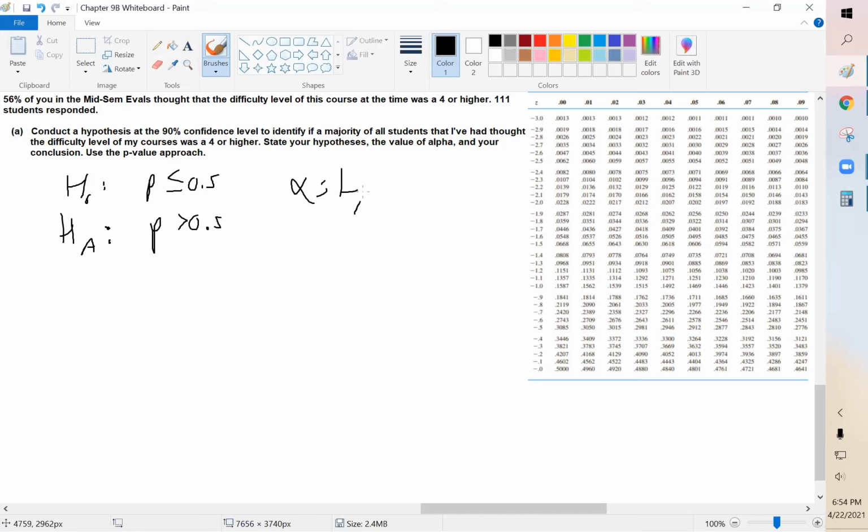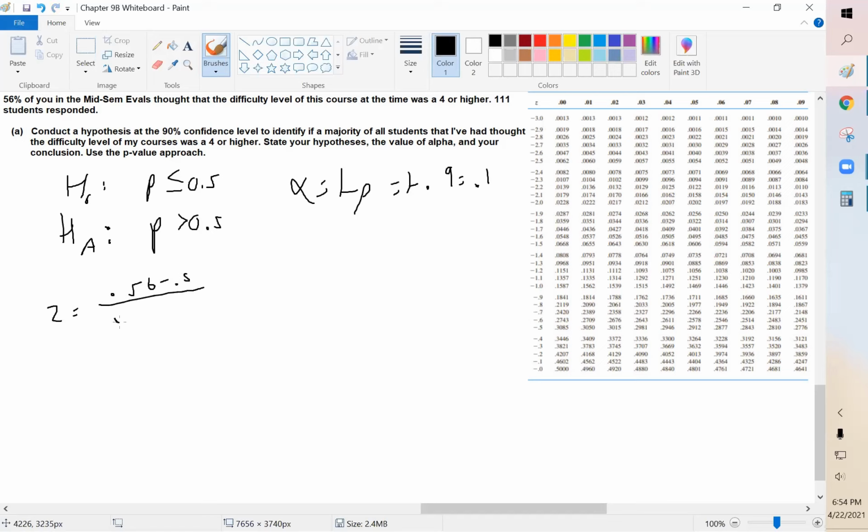Our alpha is equal to 1 minus rho. So 1 minus 0.9, which is 0.1. So now our test statistic is equal to our P bar, in this case 56%, minus the hypothesized one, so 0.5.